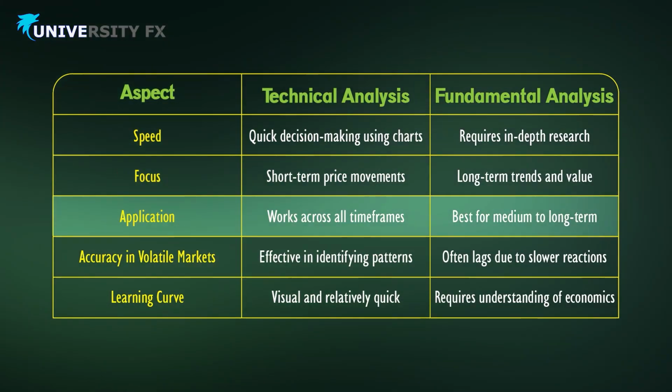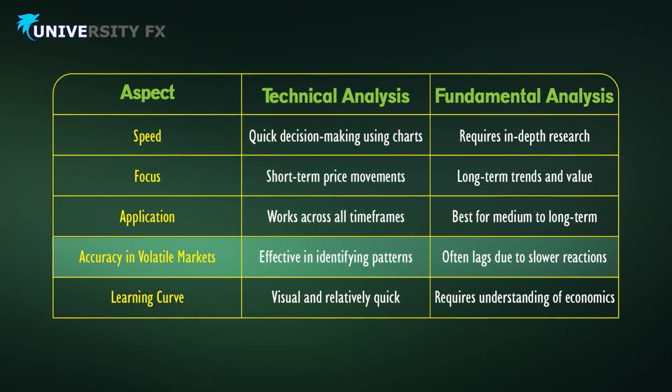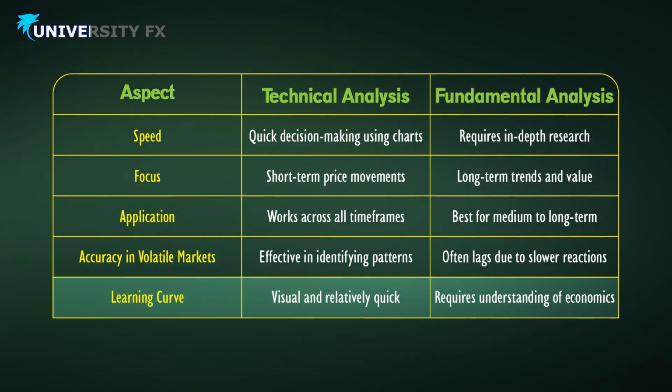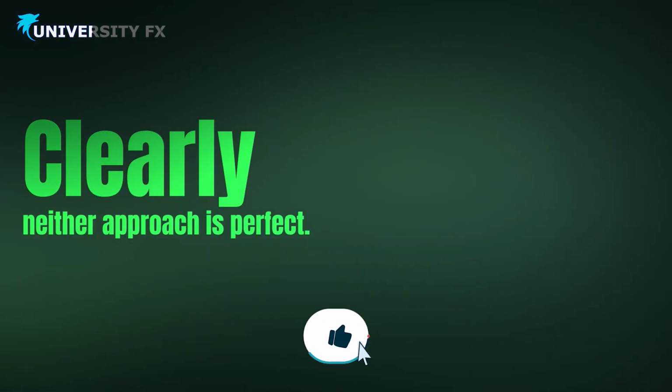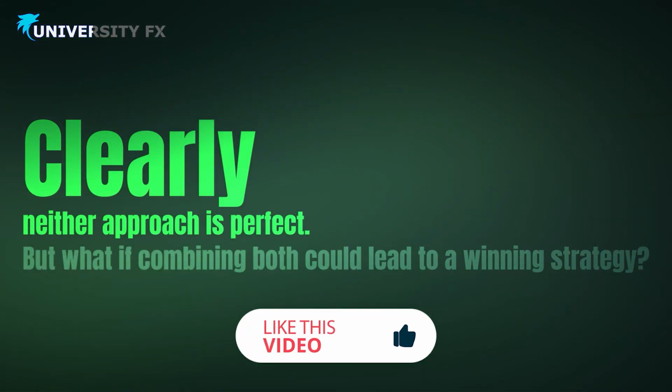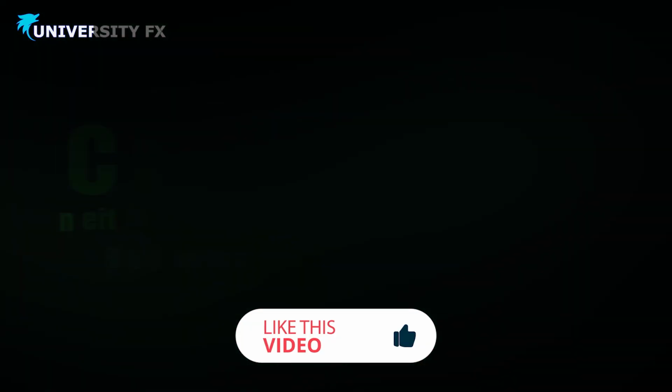Application: works across all time frames, best for medium to long-term. Accuracy: effective in identifying patterns in volatile markets, often lags due to slower reactions. Learning curve: visual and relatively quick, requires understanding of economics. Clearly, neither approach is perfect, but what if combining both could lead to a winning strategy?